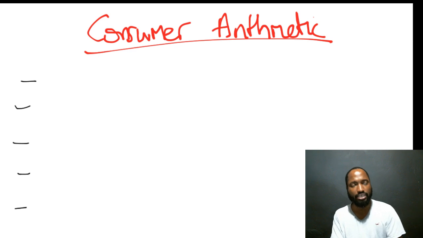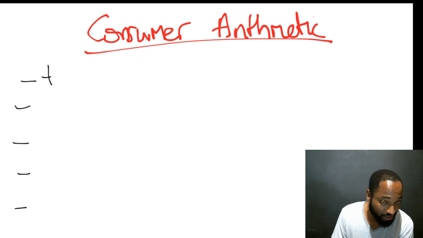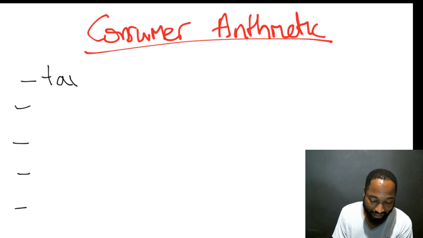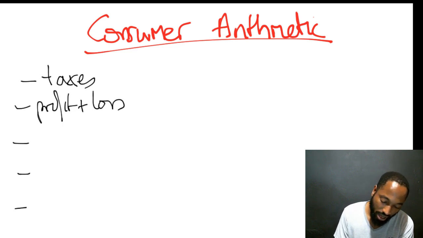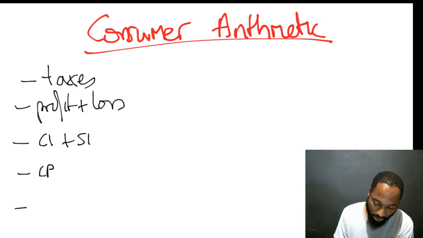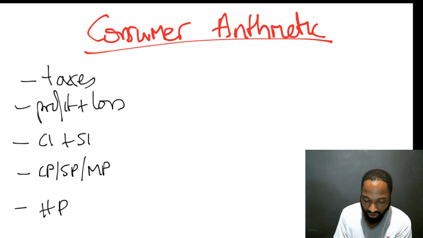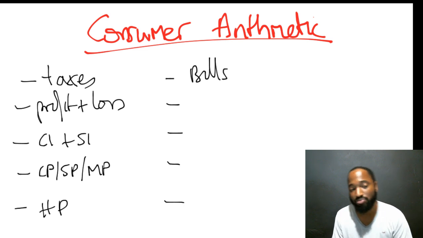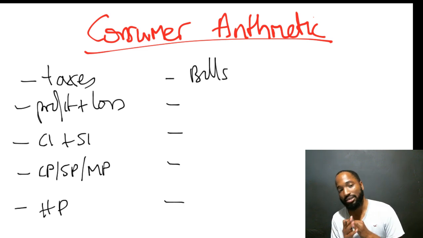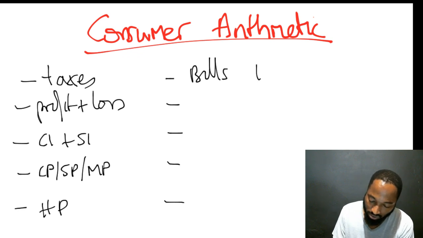So consumer arithmetic, we have a lot. You have the taxes, you have your profit and loss, you have your compound interest and simple interest, you have cost price, selling price, mark price, you have hire purchase, you have bills, and by bills you mean your water bill, electric bill, and shopping bill.